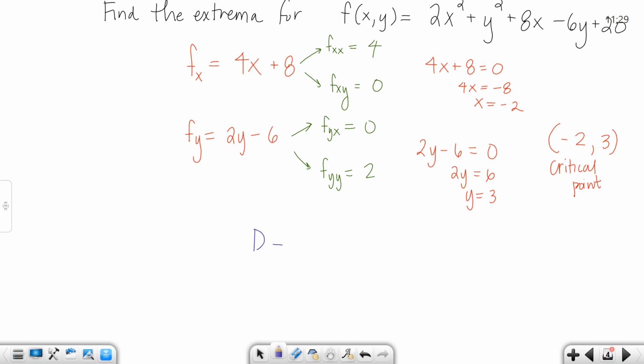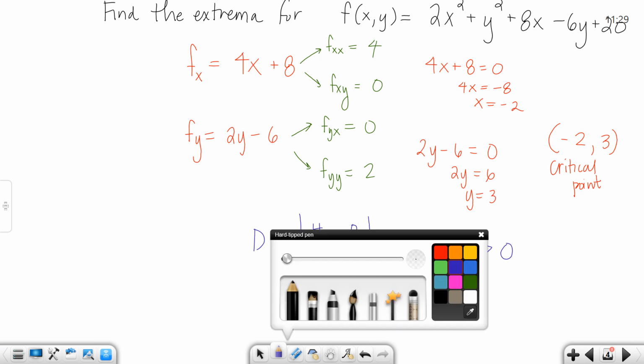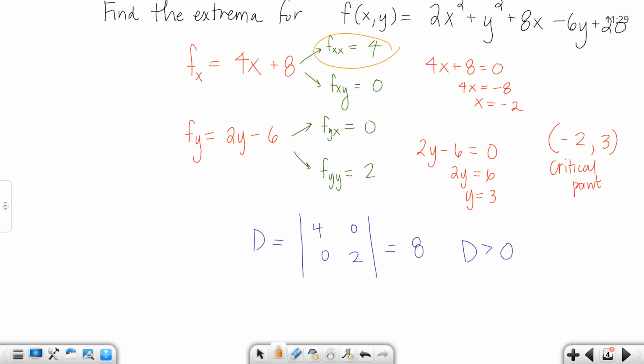So D equals the determinant of 4, 0, 0, 2, and this determinant is going to be 8. So D is greater than 0. I also know that fxx is greater than 0. So since D is greater than 0 and fxx is greater than 0, that means that (-2, 3) is a min. That's how it would look.